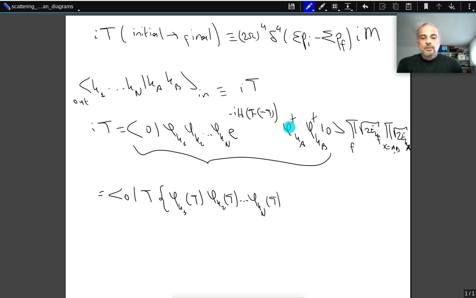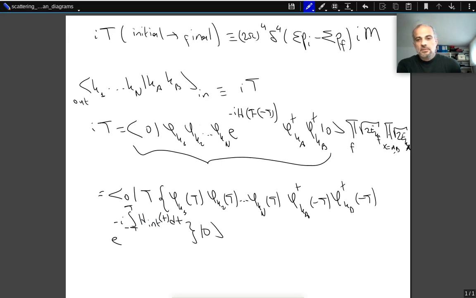And then these operators are acting at the time minus t, phi dagger of k_a at minus t, phi dagger of k_b at minus t. And then this just became the time-ordered exponential, since everything is in the time ordering, e to the power minus i integral from minus t to t of H_I, the interaction part of the Hamiltonian at the time t, dt.